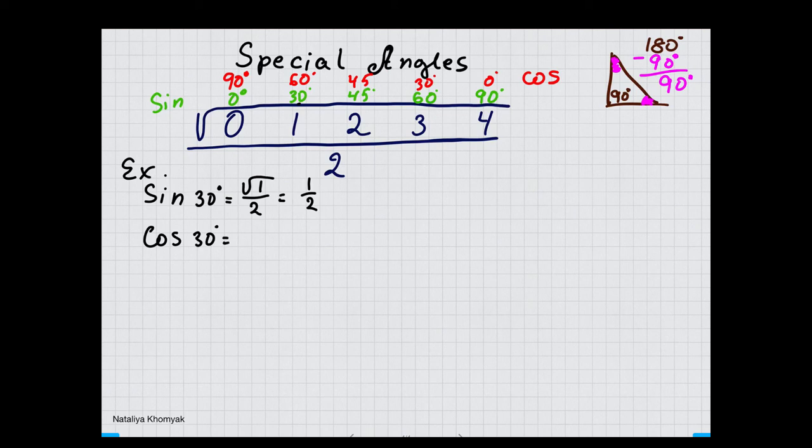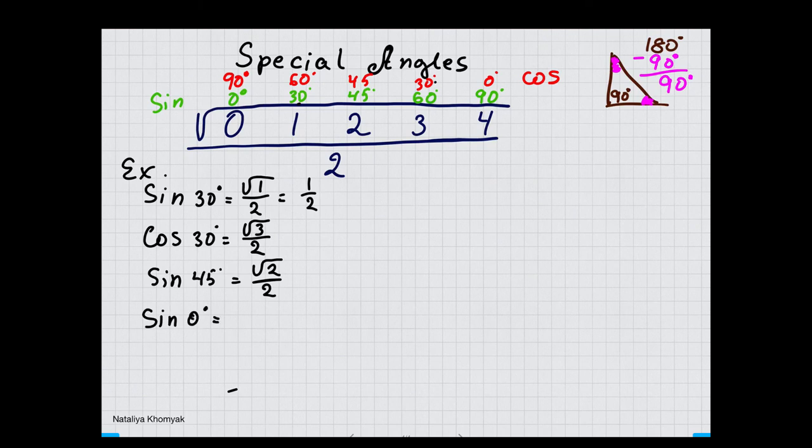I will start with the top row, and cosine of 30 degrees is here, and that will give me radical 3 out of 2. Let's say sine of 45 degrees is, you go to 45 degrees, which is square root of 2 out of 2.